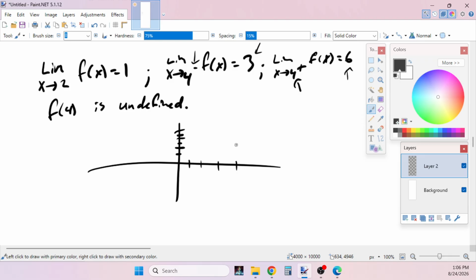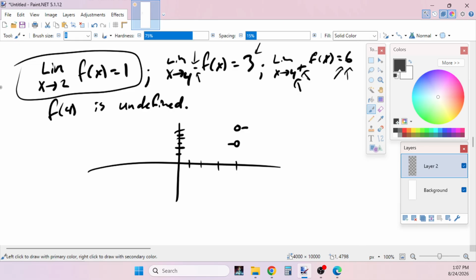We want to approach 3 there on the left side. On the right side, we want to approach 6. And here we want this limit to equal 1. So here's 2, here's 1. Let's just pick that like that.